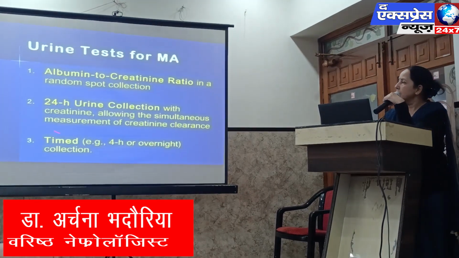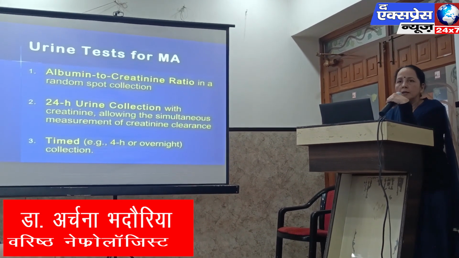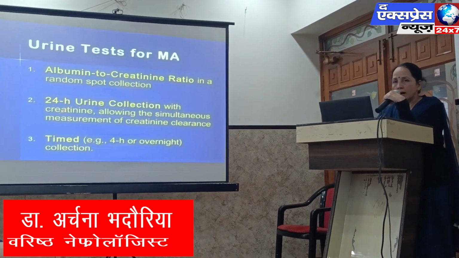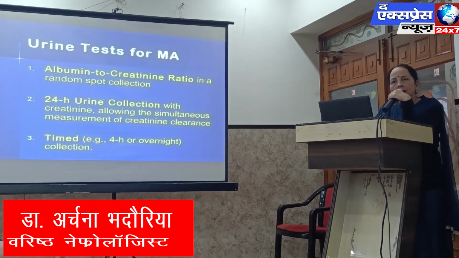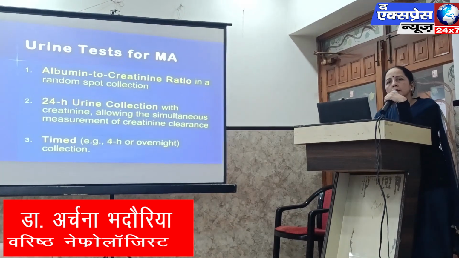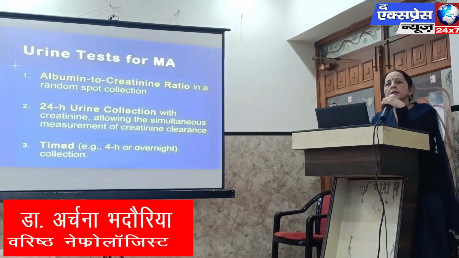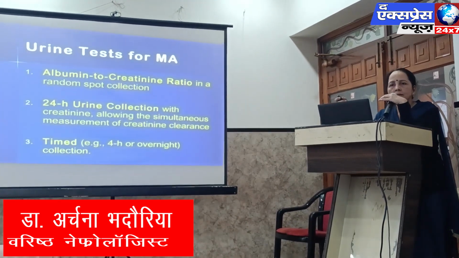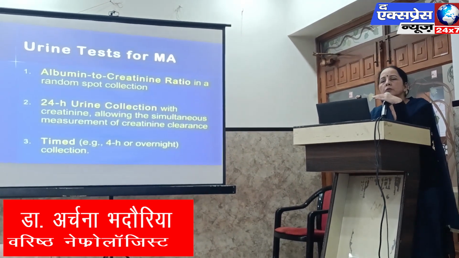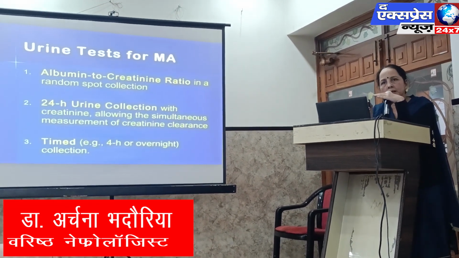And whenever we are writing this test of 24 hours urine protein, we have to also write 24 hours urine creatinine levels. Why? Because urine can be over collected and urine can be under collected. So suppose instead of 8 o'clock, he keeps collecting till 10 o'clock or 12 o'clock, and then he gives the sample, so the protein levels would be high. Suppose he forgets, he voids 2-3 times outside, then the urine sent for 24 hours testing would be less in amount and proteins will be correspondingly less.